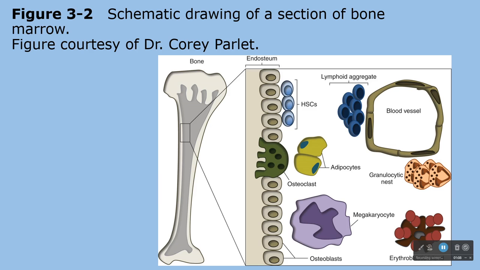And then as the cells go out away from the mother cell, the macrophage, they become mature red blood cells.